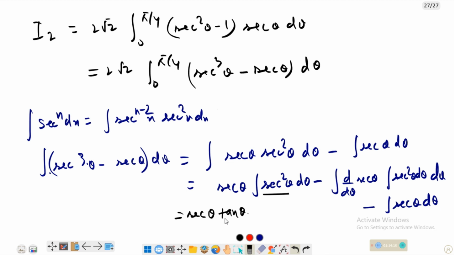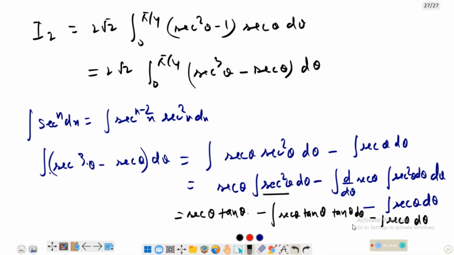And for this integral, this is sec theta into tan theta, and this is tan theta d theta, minus sec theta d theta.